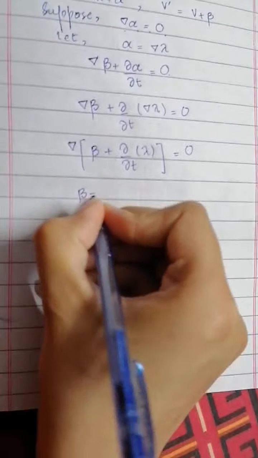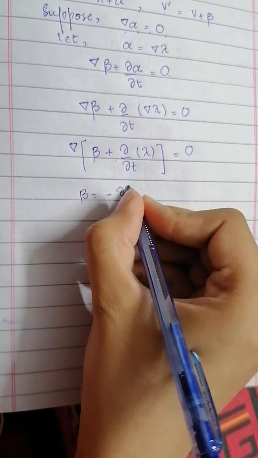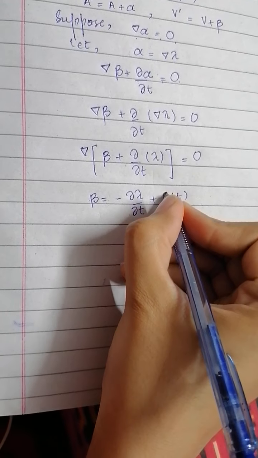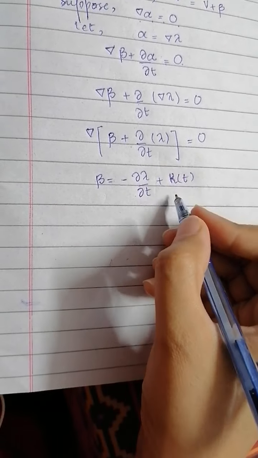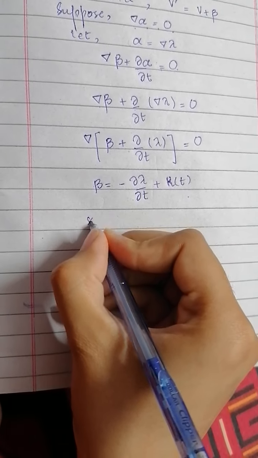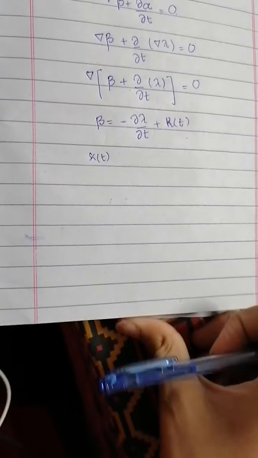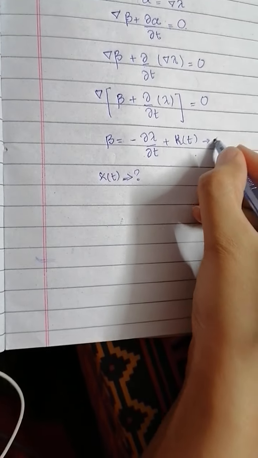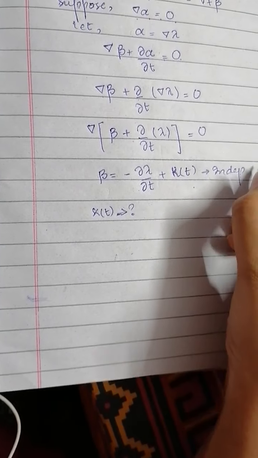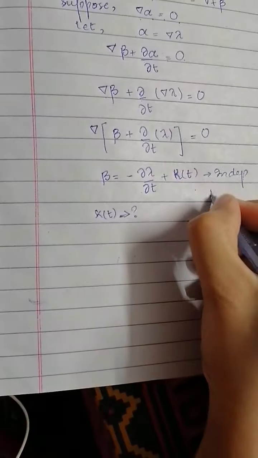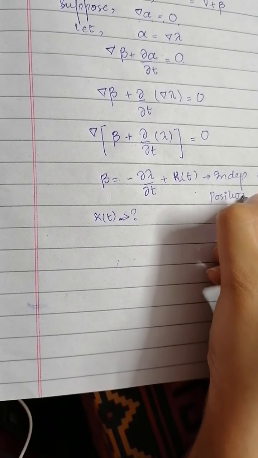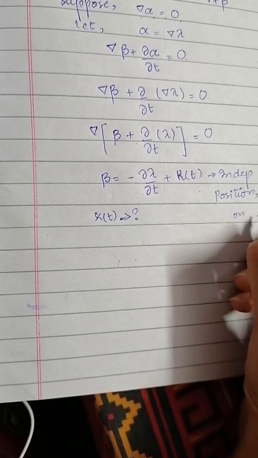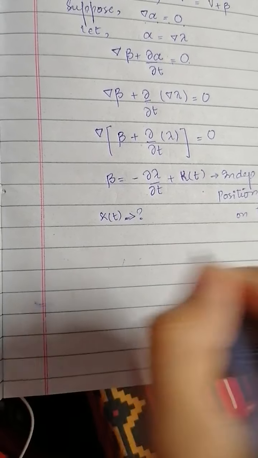We can also write our equation as beta equals minus partial lambda over partial t plus kt. In this equation we introduce a new factor, which is kt. What is kt and why do we write it? As we know very well, our equation is independent of position but depends on time.